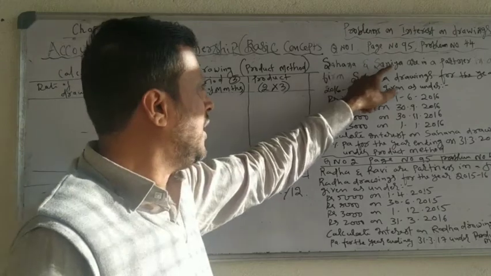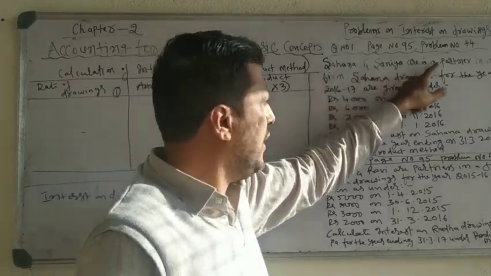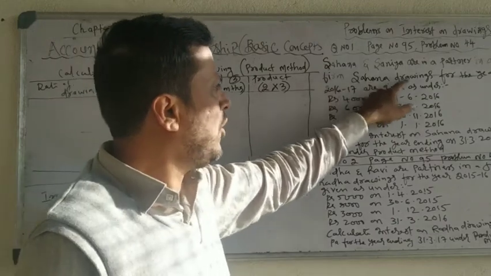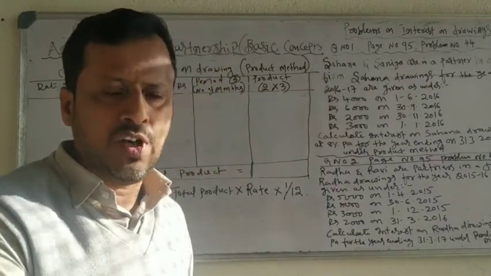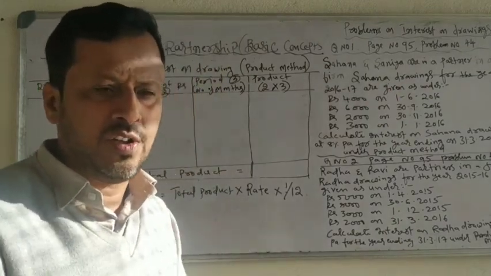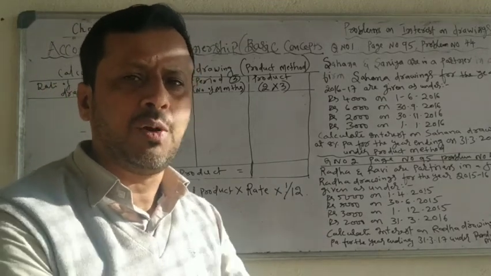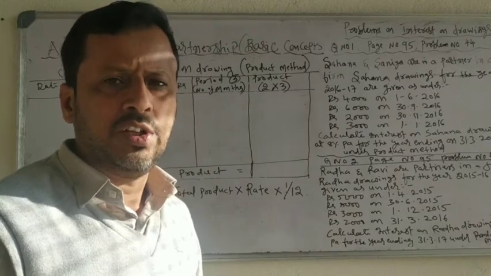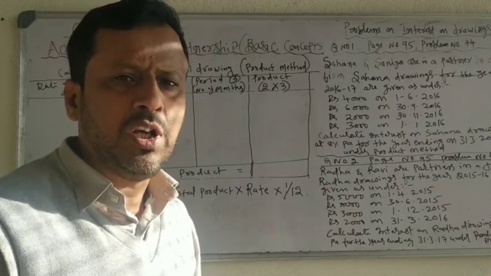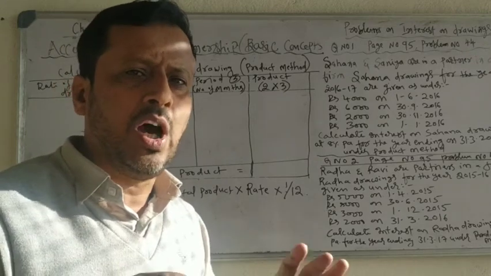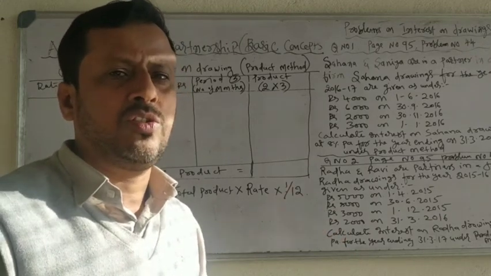Sahana and Sania are in a partnership firm. There are two partners, Sahana and Sania. Sahana, one of the partners, has withdrawn money from the business for her personal use, and on that amount she has to pay interest on drawings.